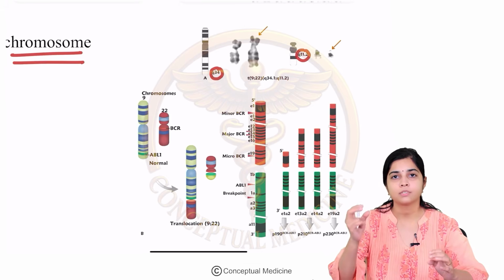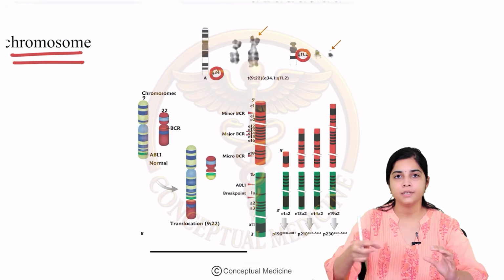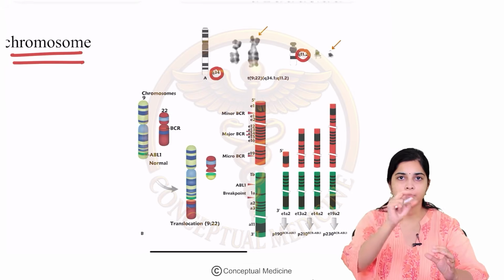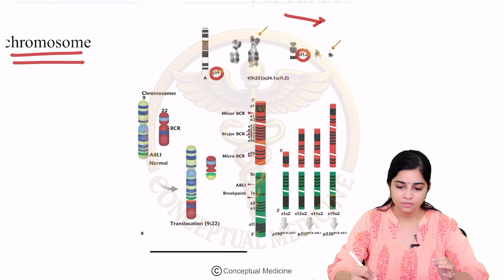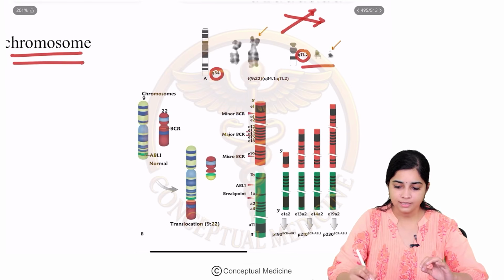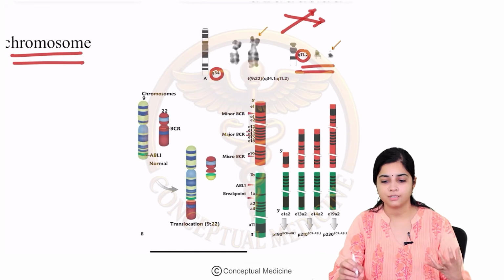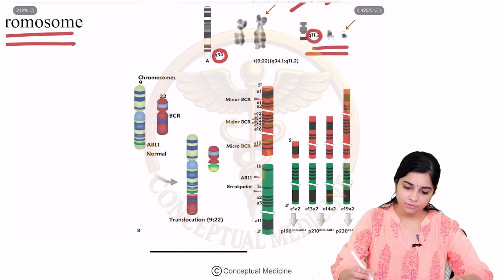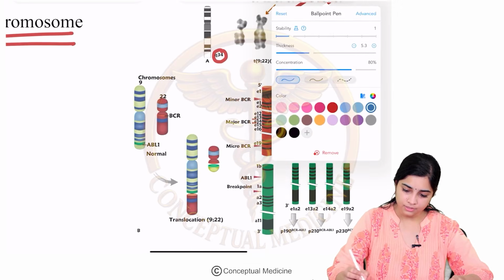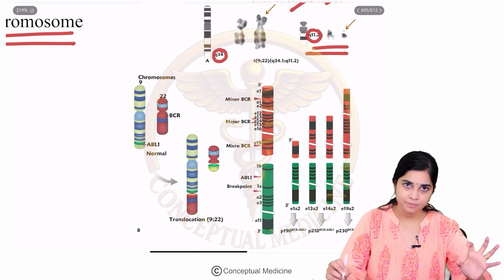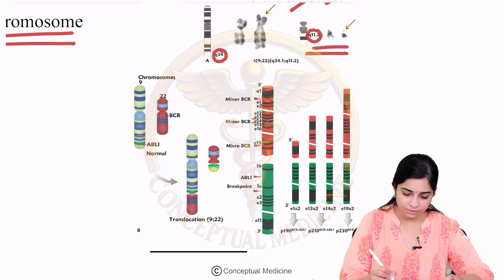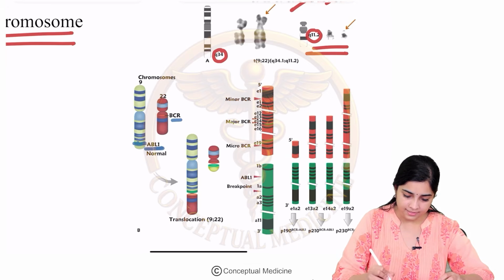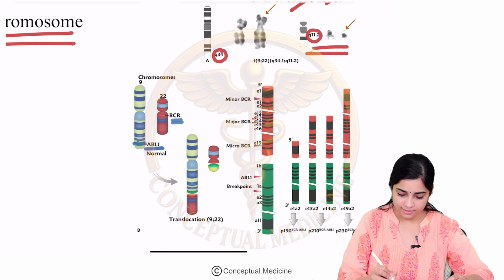What do you mean by that? One portion removed from chromosome 9 attaches itself to chromosome 22, and the portion removed from chromosome 22 gets attached to chromosome 9. It is like a crossover. This is the ultimate product formed, and it results in activation of the chimeric gene BCR-ABL. Normally chromosome 9 is longer than chromosome 22, and we have the ABL1 gene here and the BCR gene on chromosome 22.